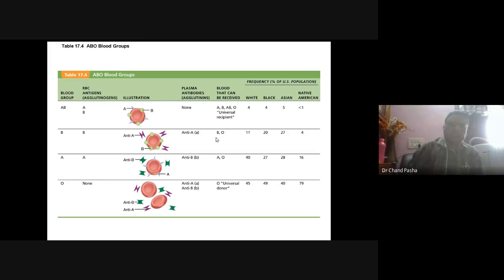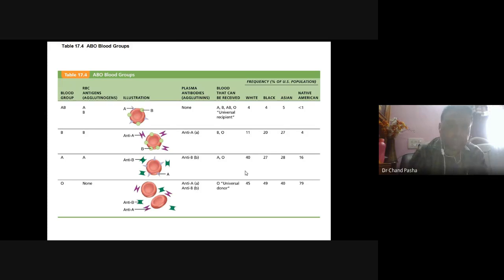In A blood group, the A antigen is there on the RBC membrane surface, and in the plasma you will have anti-B. They can take blood from A and O. To whom can they donate?